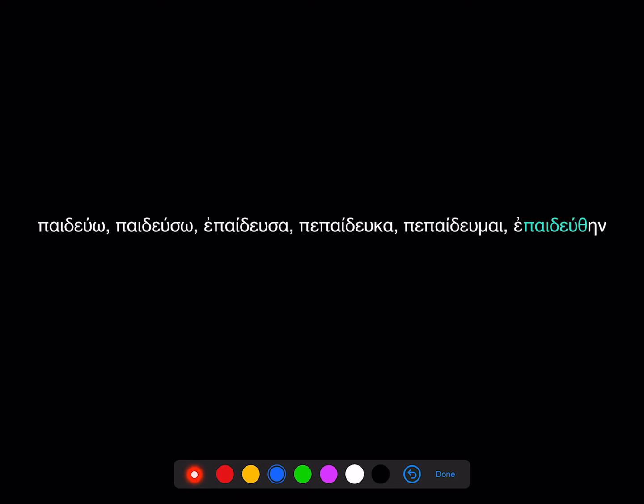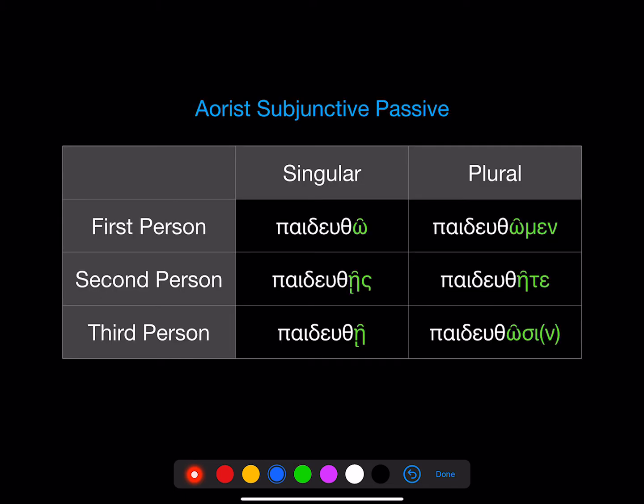Finally, sixth principal part for the aorist indicative, also sixth principal part for the aorist passive subjunctive. And the exact same endings, except differently accented. So the aorist subjunctive passive, same exact endings we saw in the present subjunctive active, because remember, in the aorist indicative passive, we're also using active looking endings.